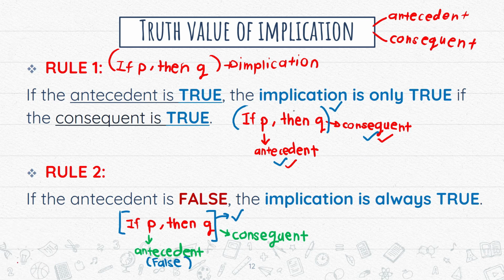If the antecedent and consequent are true, then this is true. If the consequent is false, then the implication will be false. Do you understand?